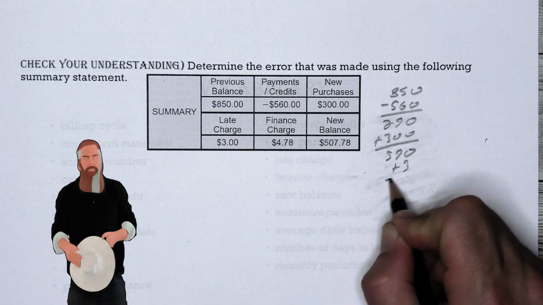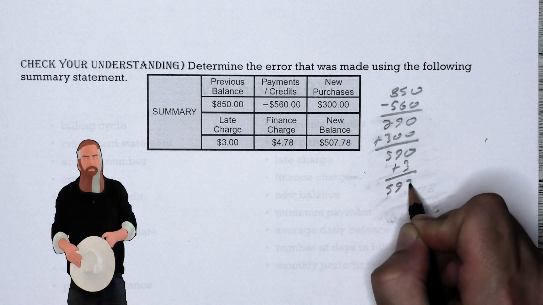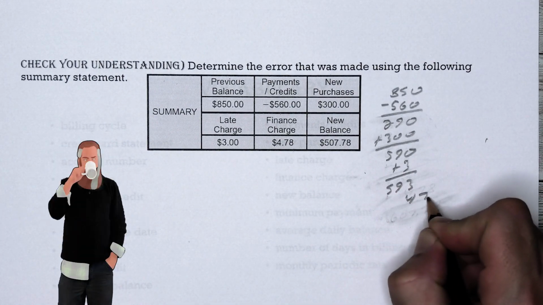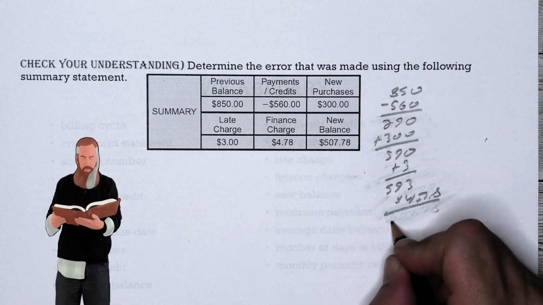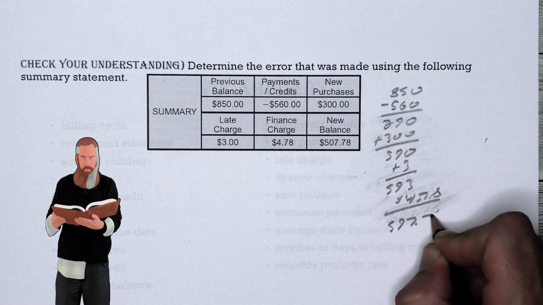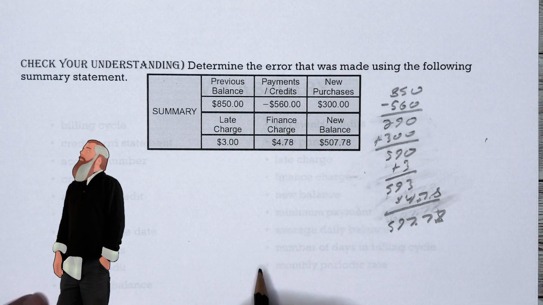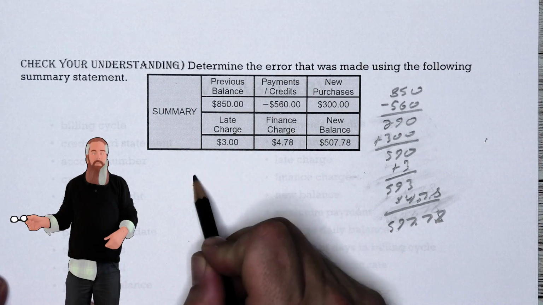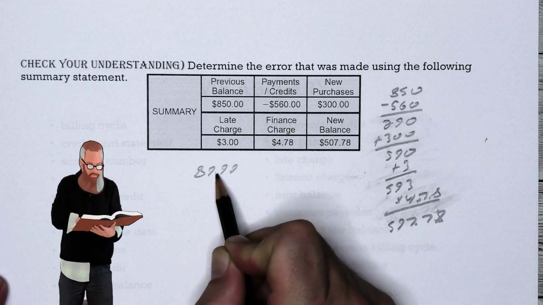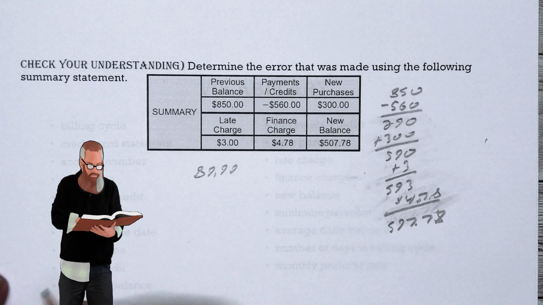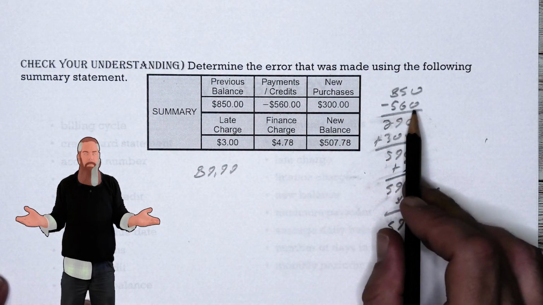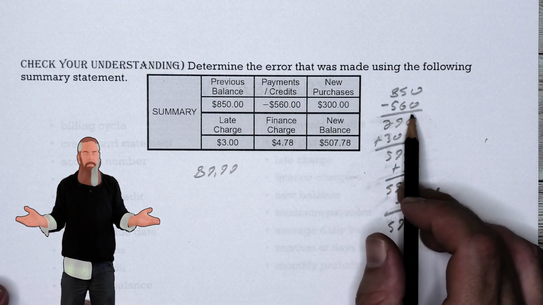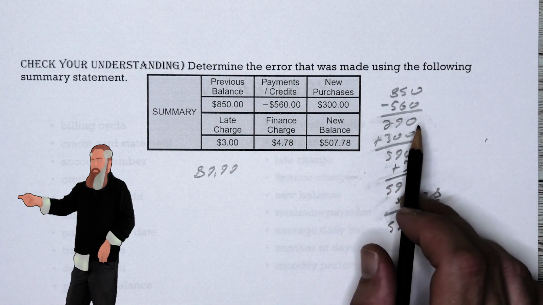Add the $3 late charge, it's $593, the $4.78 finance charge, and we get $597.78. So it would appear the difference is $89.99. What mistake could have been made? Well, it appears that perhaps the payment of $560 was processed as if it was $650.